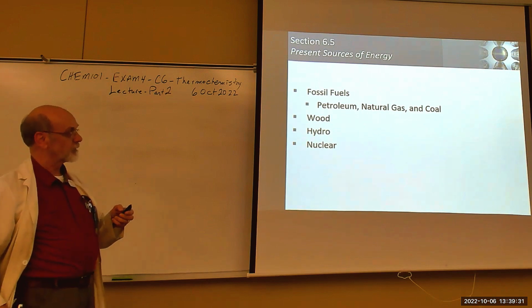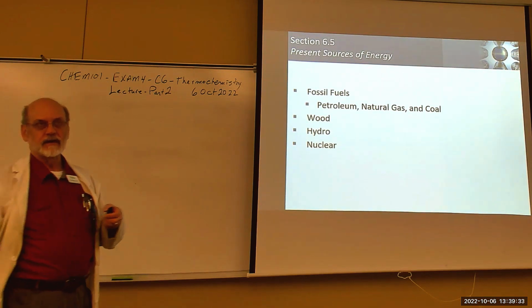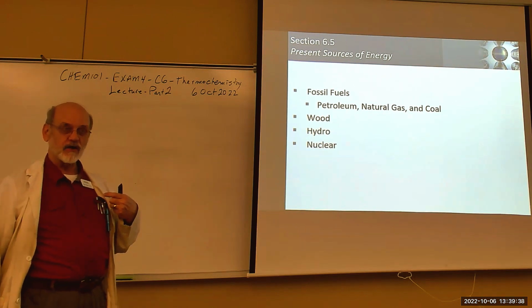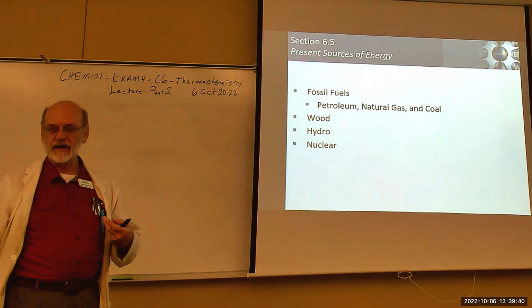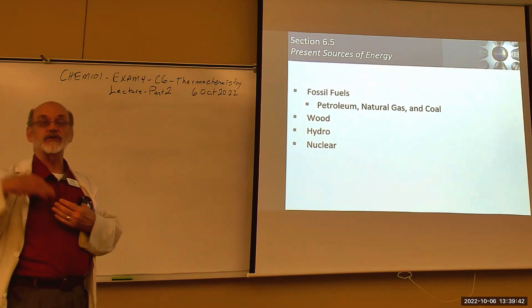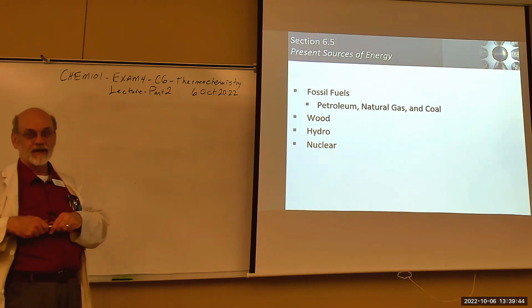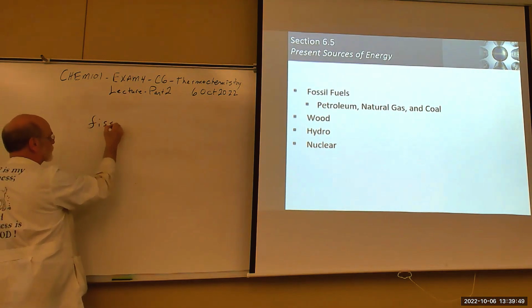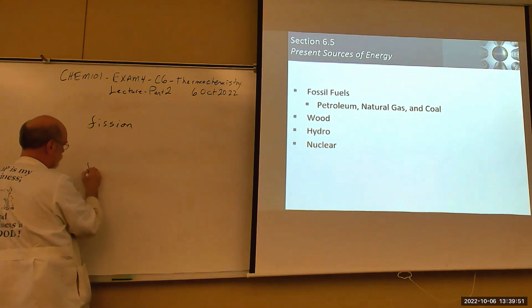Nuclear power. Nuclear power is derived from changes that occur in the nucleus of one element as it changes to a different element. And there are two types of nuclear power: fission and fusion.